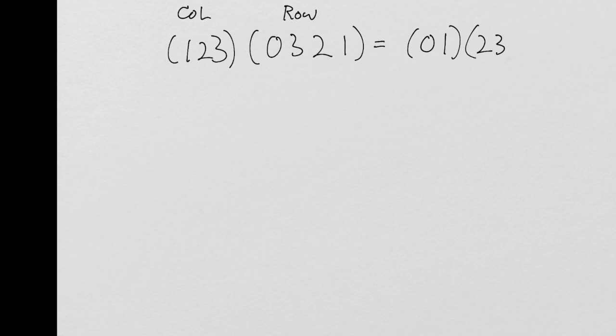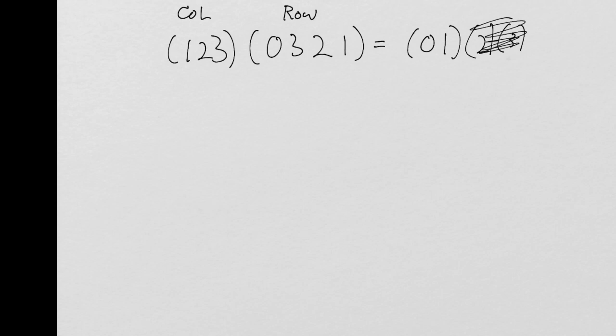Wait, what did I do wrong? Oh, right. 2 goes to 1 in the first cycle, and then 1 goes to 2. So 2 gets stuck by itself, and 3 gets stuck by itself. So the column-row version of this would be just the transposition 0, 1.